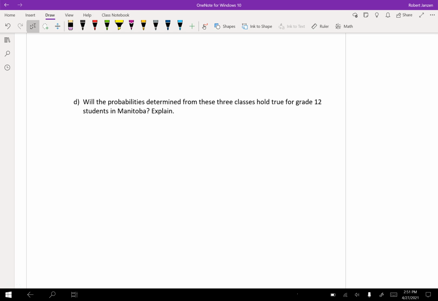So here's a term for you. I don't know if you know what this means. The sample size is not big enough. I don't think they've asked enough people. That's what sample size is. It's the number of people that were included in this sample.